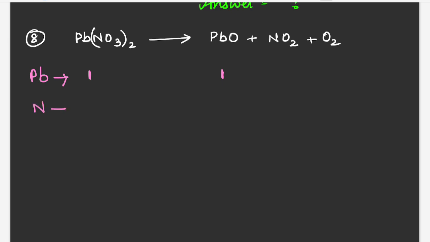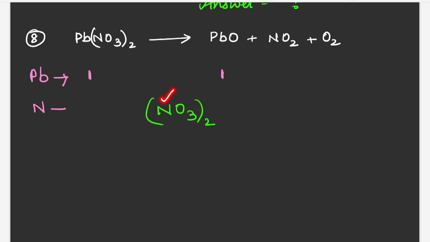How many nitrogen atoms are present? Here you can see N, 2 times. Here NO3, 2 times. One more confusion students will have, I'll explain that first. The number 2 is for both the atoms, and this 3 is only for oxygen.